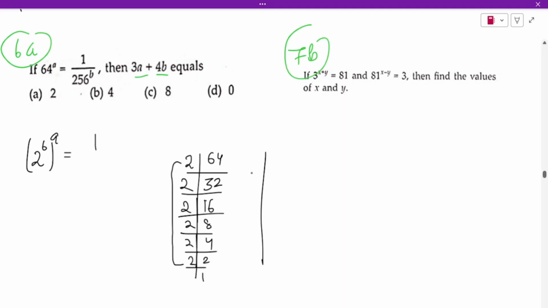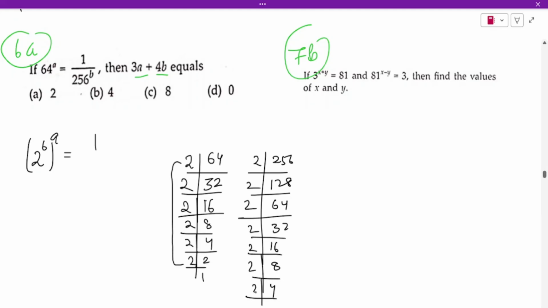256 can also be factorized, and we get this value as 2 to the power of 8. So just go for it. 256 divided by 2 is 128, 64, then 32, 16, 8, 4, 2.